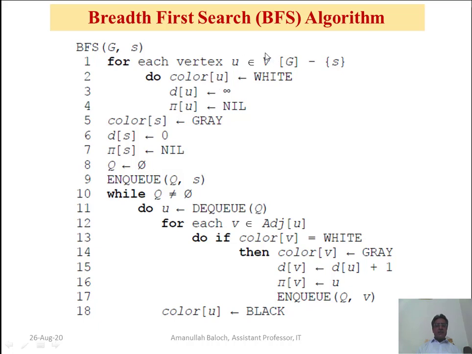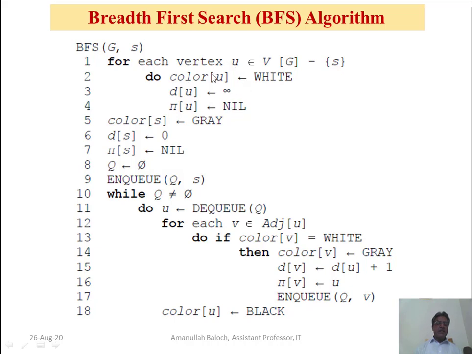We will store the vertices one by one in the U memory, and the color of the U vertex will be white. The distance of the U vertex will be infinity, and the parent of the U vertex will be nil.